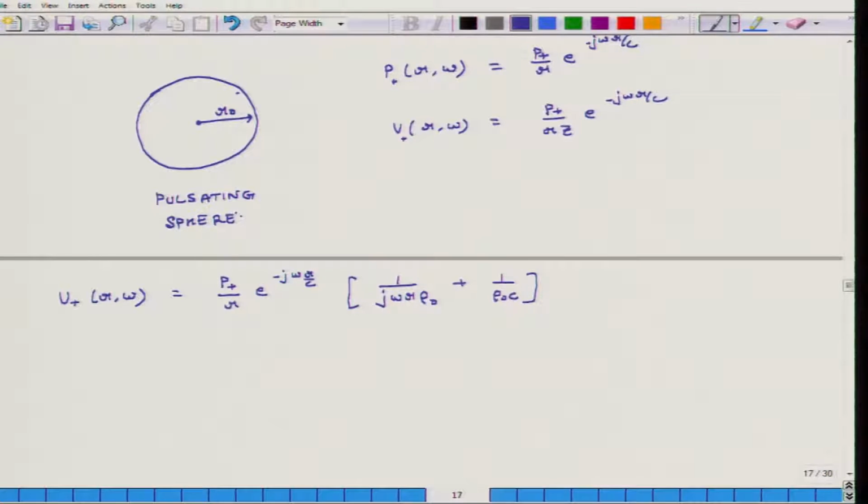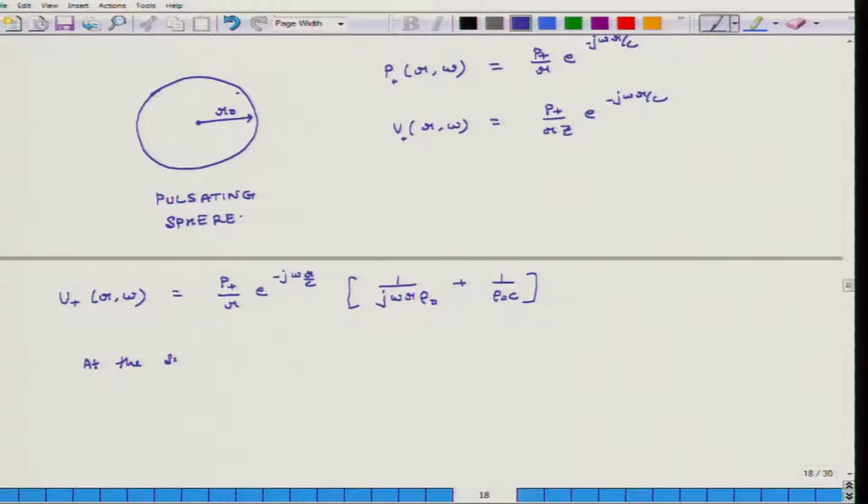If we are interested in the pressure field and velocity field at the surface of the sphere, then the value of r at the surface of the sphere is r naught.